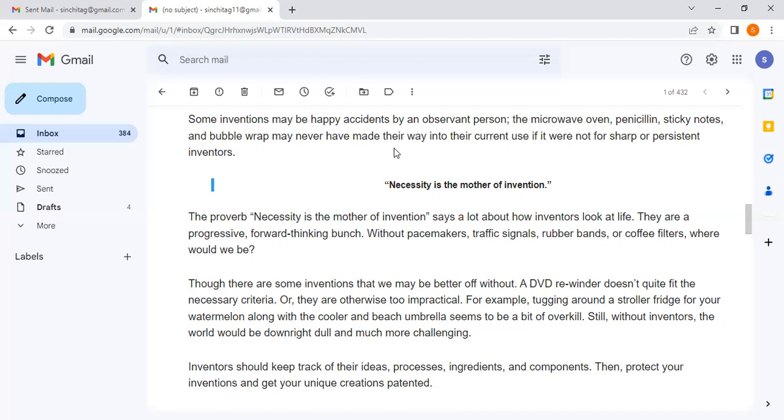Okay. Now, do you know the meaning of sticky notes? Yes, miss. Very good. Do you know the meaning of bubble wrap? No, miss. Bubble wrap is a plastic in which things are packed.